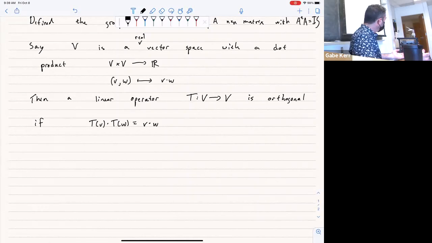All right, so let's prove a couple of propositions about these operators. The one is proposition 5.1.15.